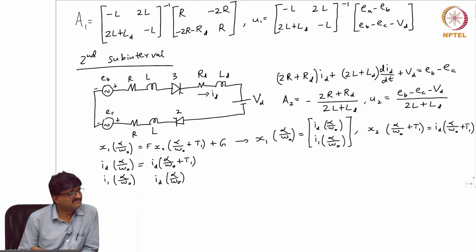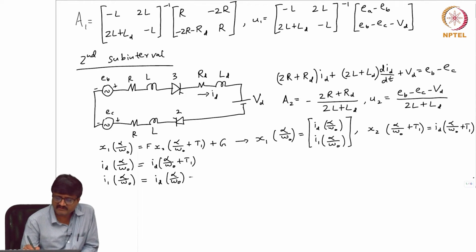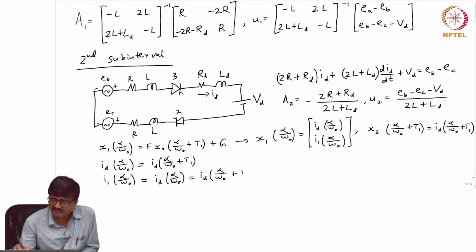At alpha by omega O, I3 is 0. Alpha by omega O is the instant at which 3 is turned on. So, just before 3 is turned on, I1 and ID are the same. Just at the instant of turning on, I3 is 0, so I1 is equal to ID. Now, from the previous equation, this is also equal to ID at alpha by omega O plus T1.